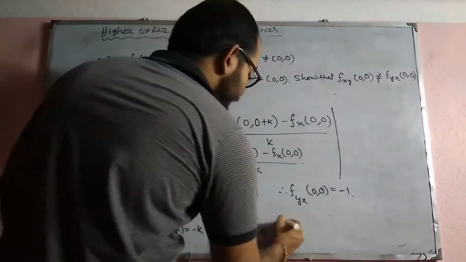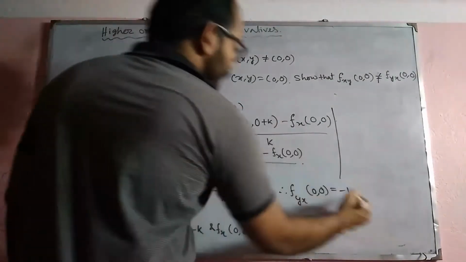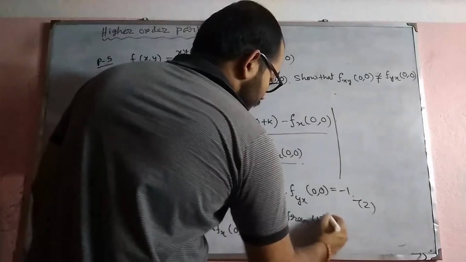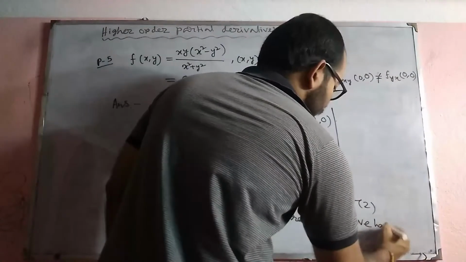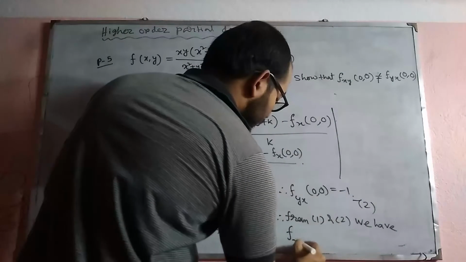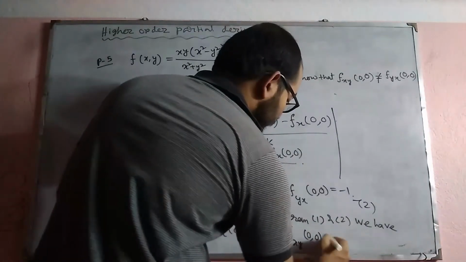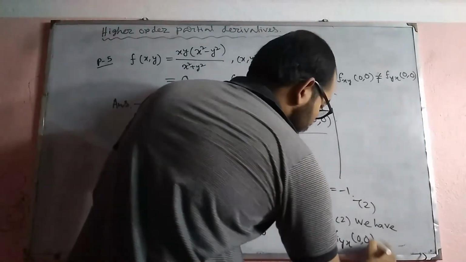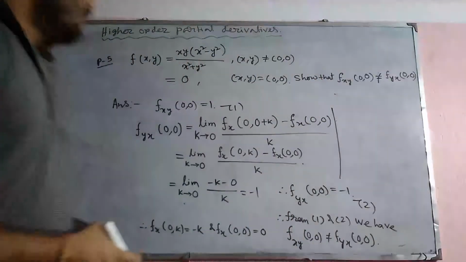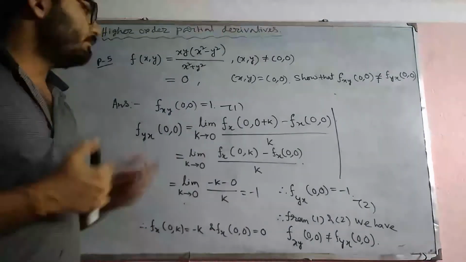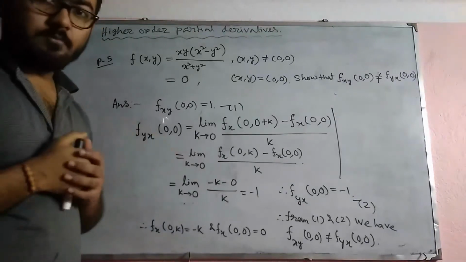So from 1 and 2 we have f xy at (0, 0) not equal to f yx at (0, 0). Just remember the definitions and the problem will be very easy for you.